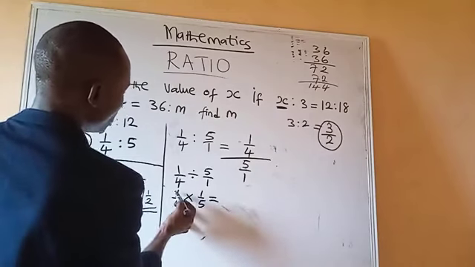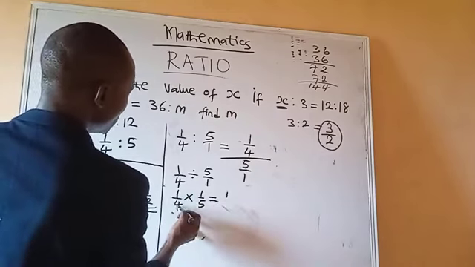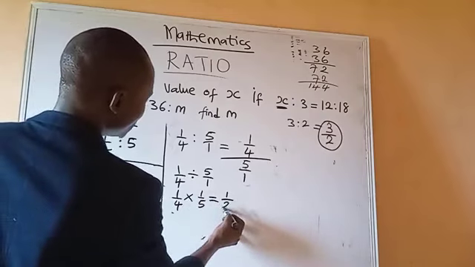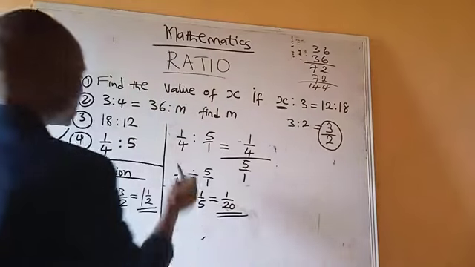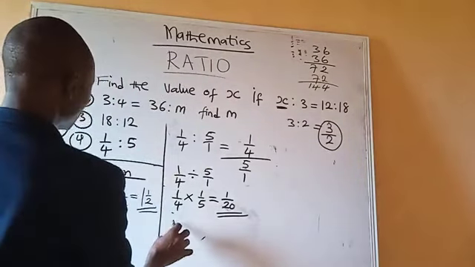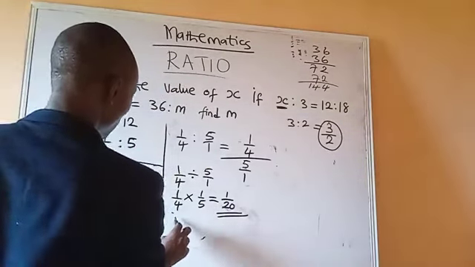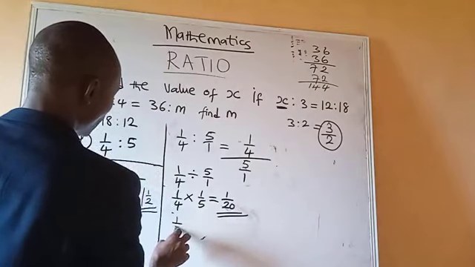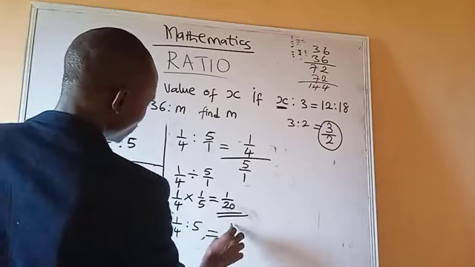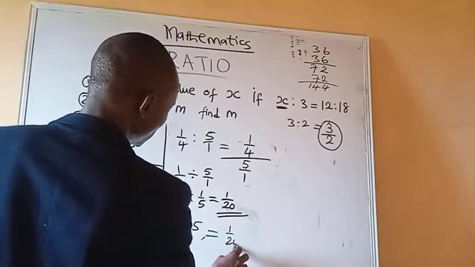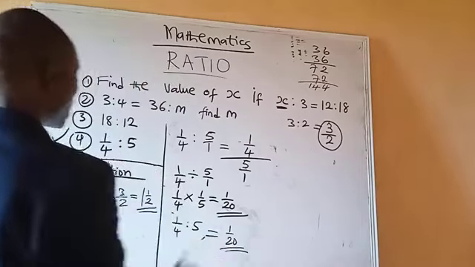So that is to say, 1 times 1, 1. 4 times 5, 20. So this is your answer. You now say ratio 1 over 4 is to 5 is equal to 1 over 20. So this is your answer.